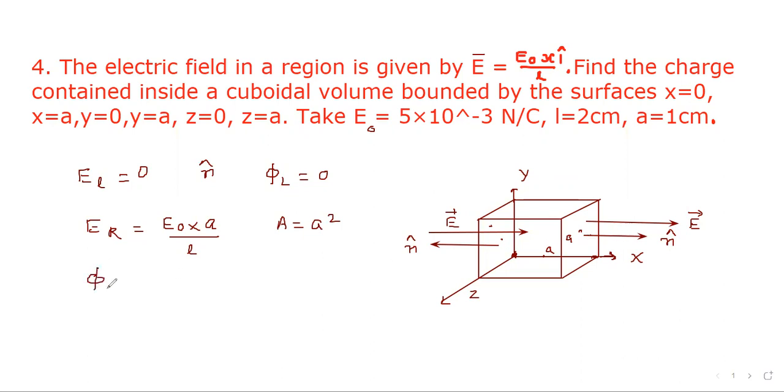So if we calculate phi on the right face, it will be ER times a square. Now we put the values.